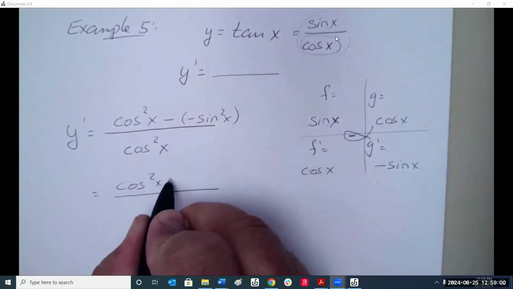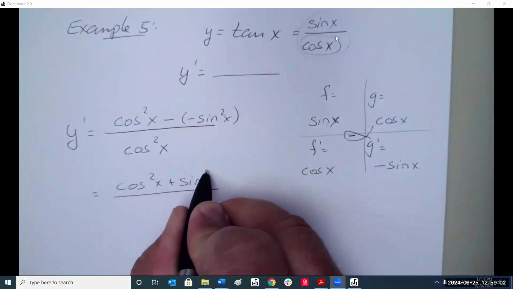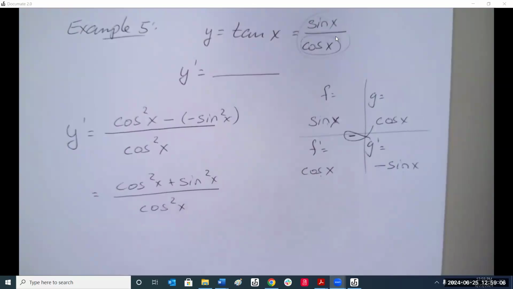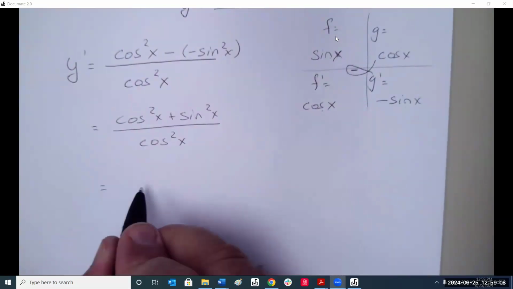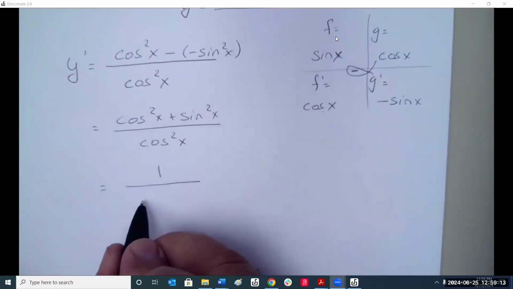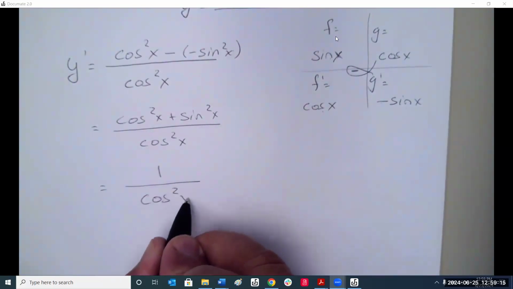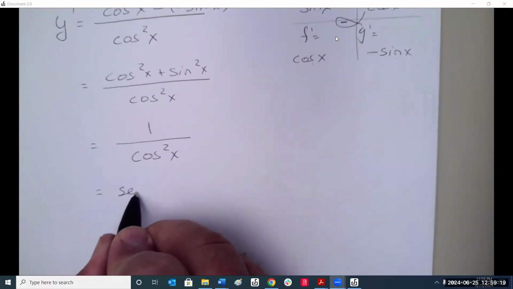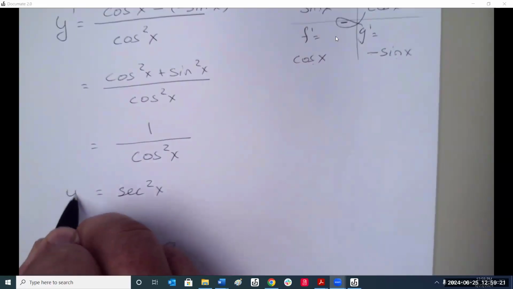Cosine squared x plus sine squared x over cosine squared x. Cosine squared plus sine squared is 1. 1 over cosine squared is secant squared.